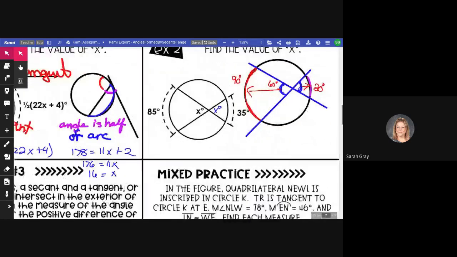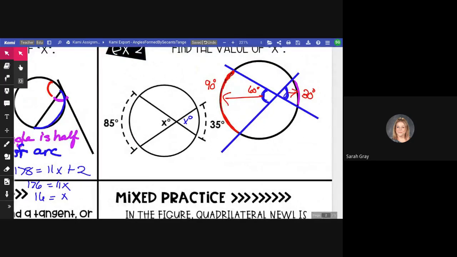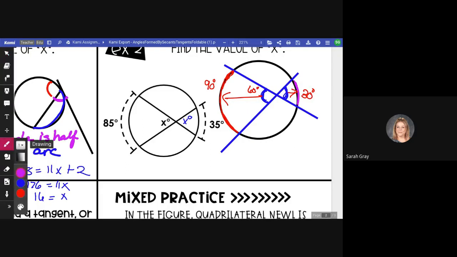Okay. So let's take a look at the example they gave. Find the value of x. If the large arc is 85 and the small arc is 35, arcs are twice as big. So the two arcs together should equal 2 x's.